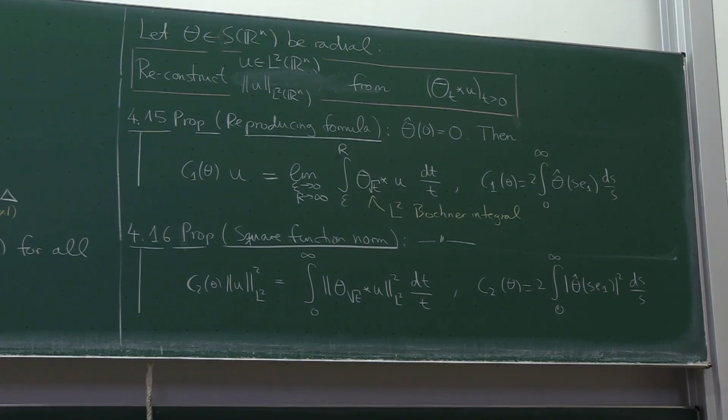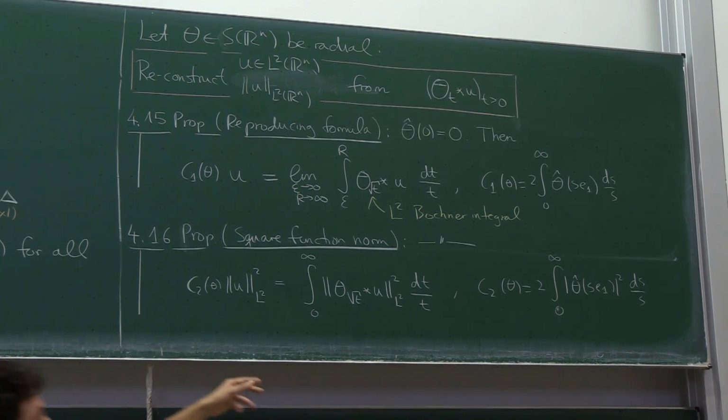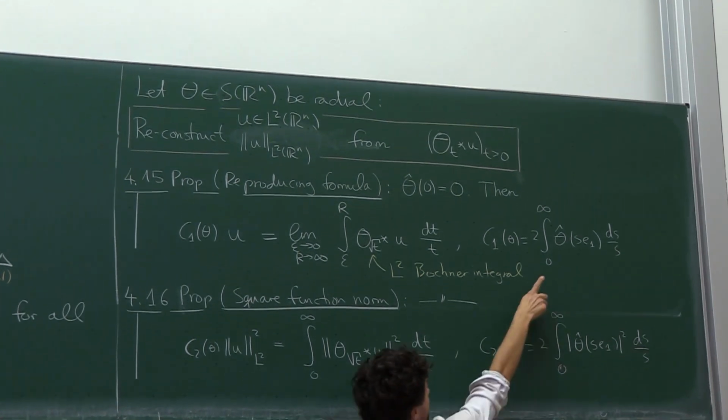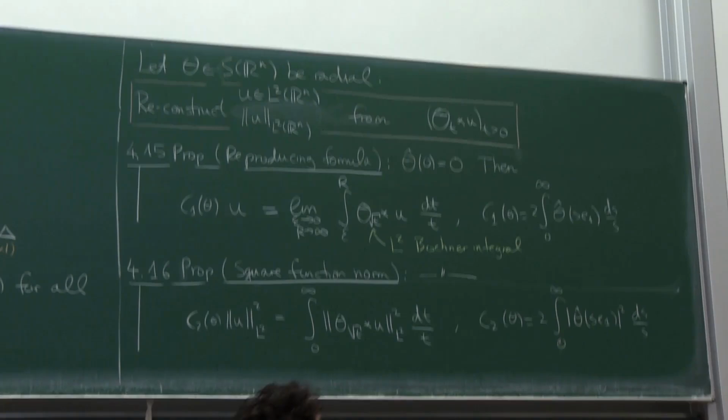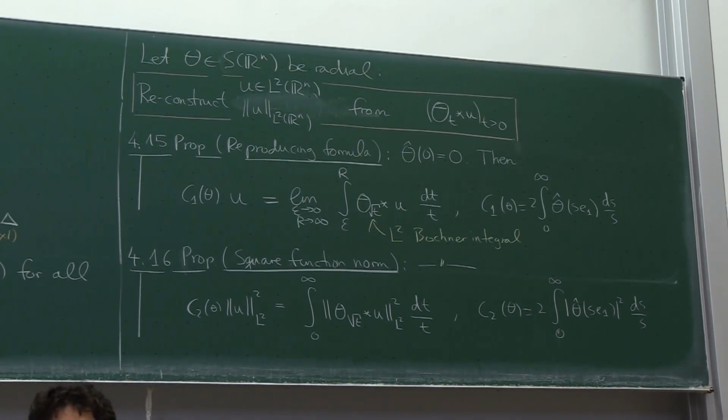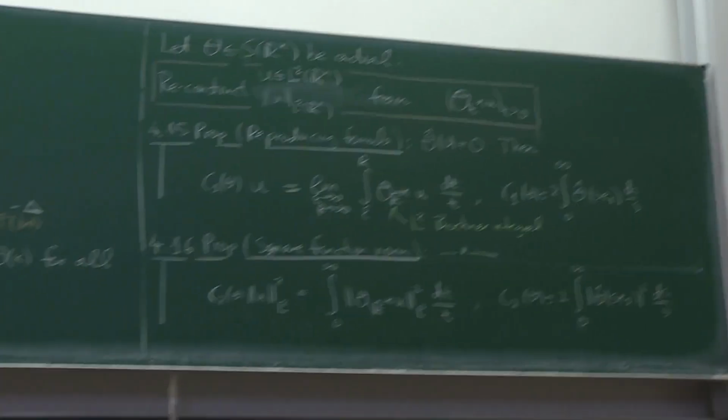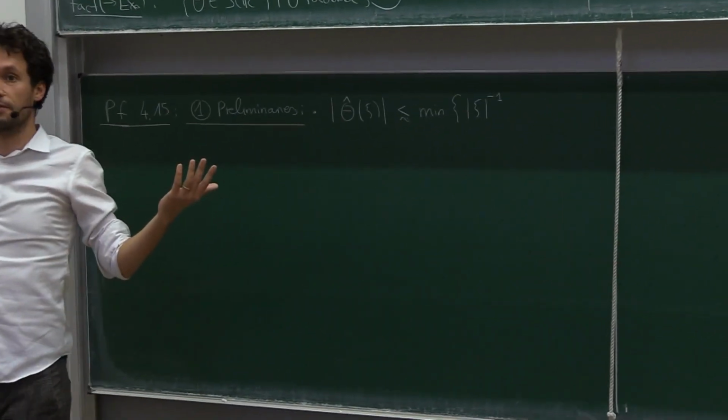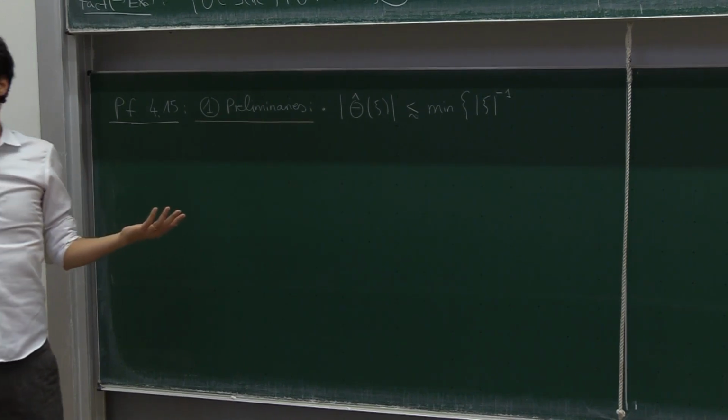So this estimate takes care of the integral, say, from 1 to infinity in s. I'm always talking about this integral here, the scalar one. At the origin, you're integrating ds over s, so you need to find some decay as s goes towards 0. This is where the assumption kicks in, because this Schwarz function is a nice function around the origin. It vanishes at the origin.